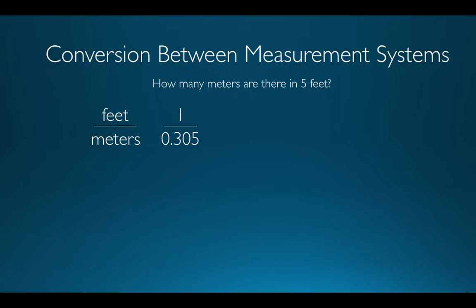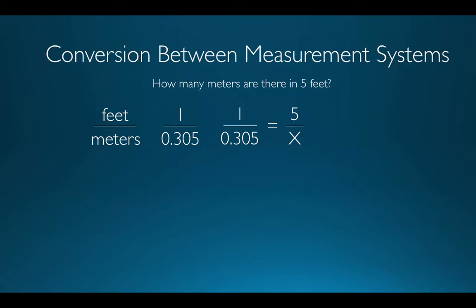So I'm going to go ahead and set up a proportion: 1 to 0.305 equals 5 to x. X is our unknown. So 1 foot equals 0.305 meters.